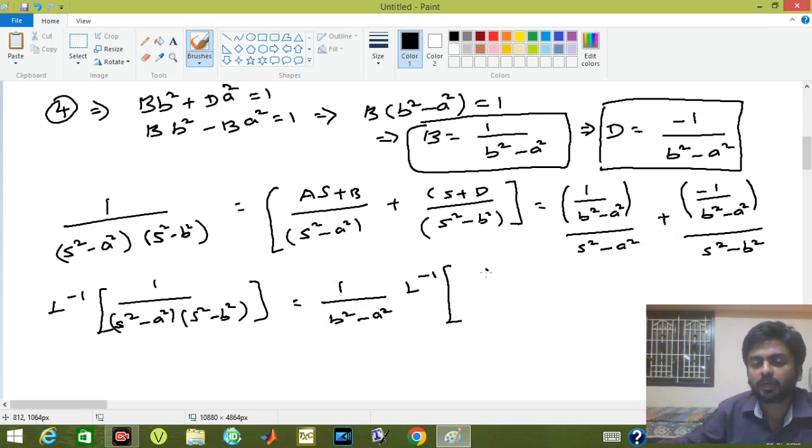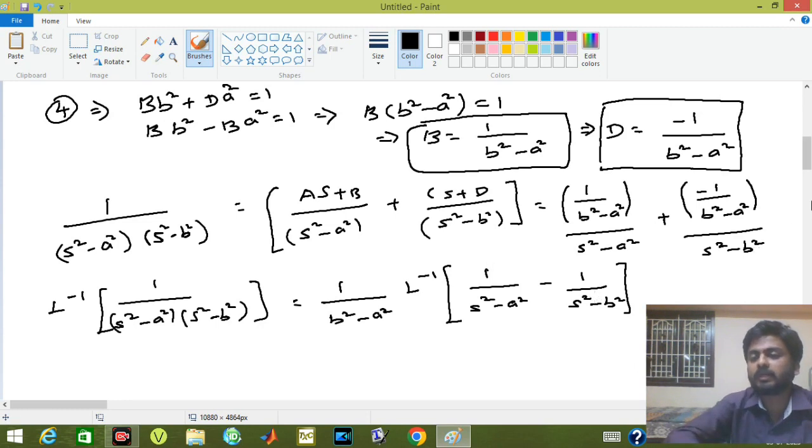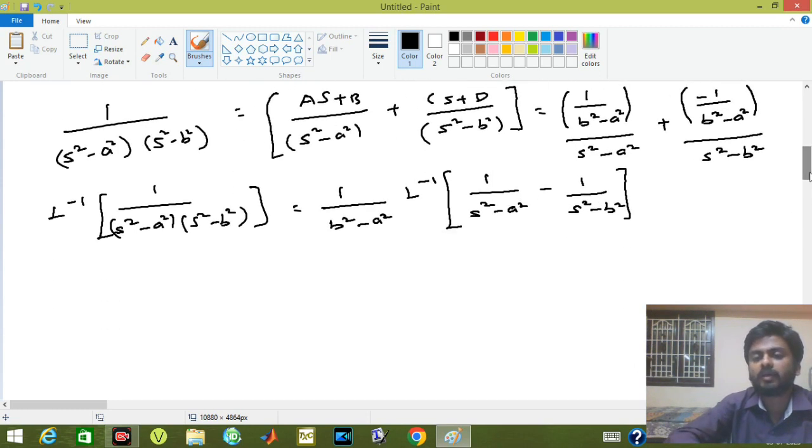L inverse of 1 by a square minus a square minus 1 divided by a square minus b square. So we can take the partial fraction here. From this alone your steps will get changed. Here you have to take the LCM.